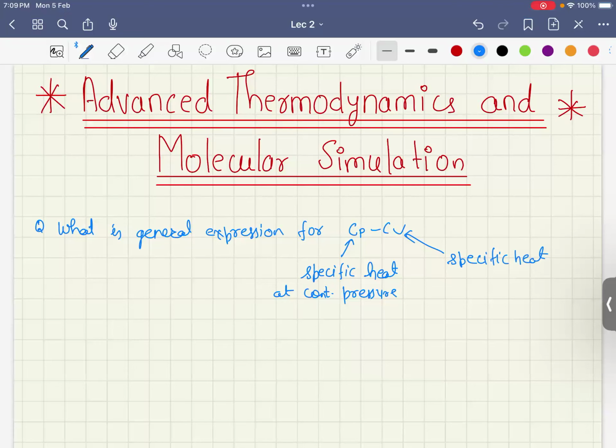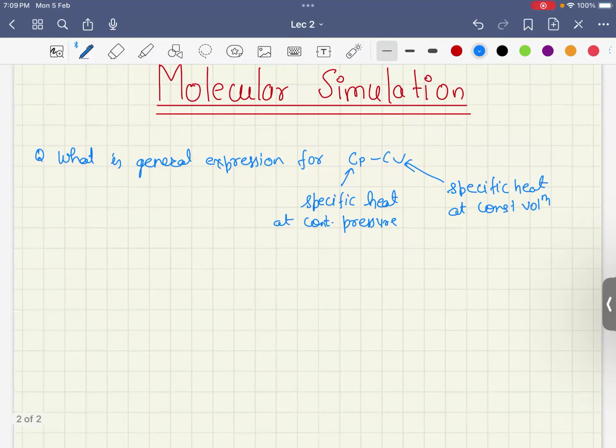We know that for an ideal gas it is equal to R. Now, what if the gas is not ideal, some other gas? For that we will start.